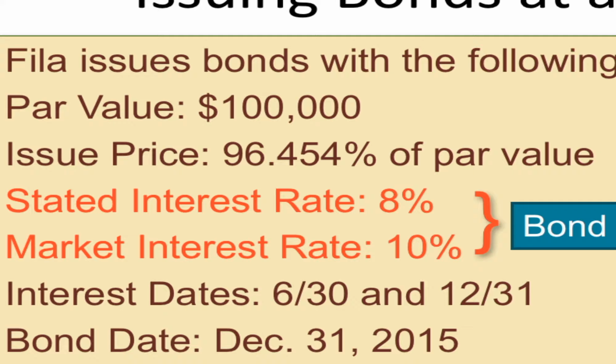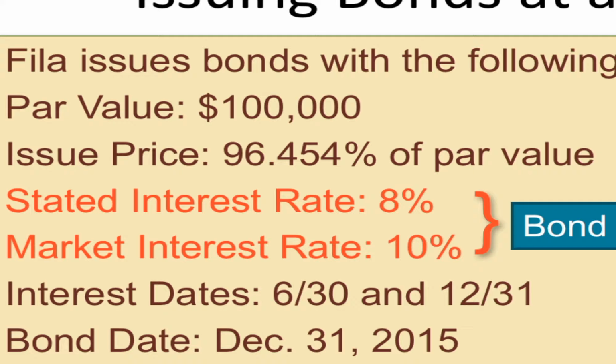In this case, we figured out that if they loan us 96.454% of this $100,000 bond, in other words, $96,454 today, we pay the 8% every 6 months on this $100,000. That would be $4,000 every 6 months. Oh, this is only a 2-year bond.